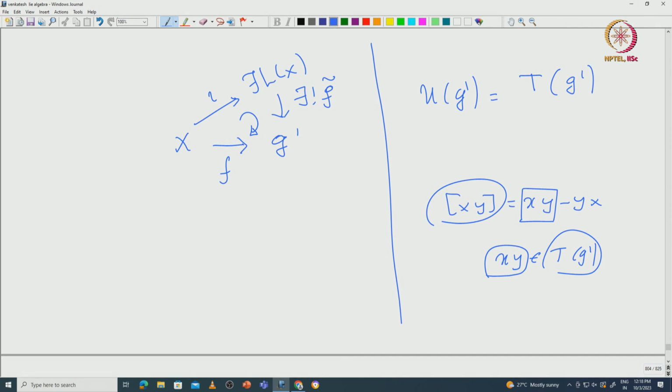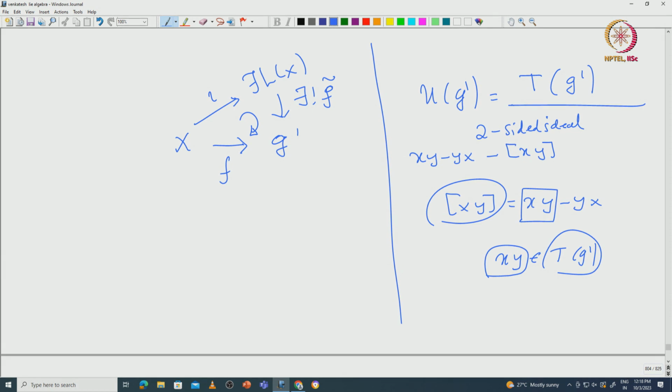So, for that purpose we have to cut down this T G dash. So, how do you cut down and make another associative algebra? The best way is to take a two sided ideal and go modulo that. So, for that purpose we take this two sided ideal. All we want is that x y minus y x should be identified with the bracket x y.